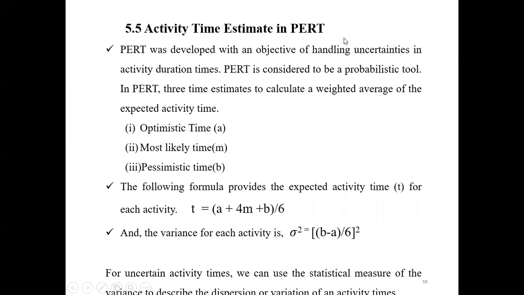Now we'll discuss the activity time estimates in PERT. I have already told you that PERT is one of the network analysis techniques used to control the time of the project. PERT was developed with the objective of handling uncertainties in activity duration time.